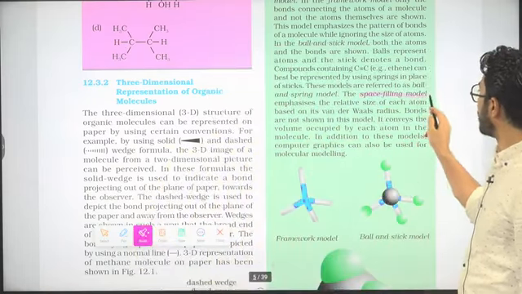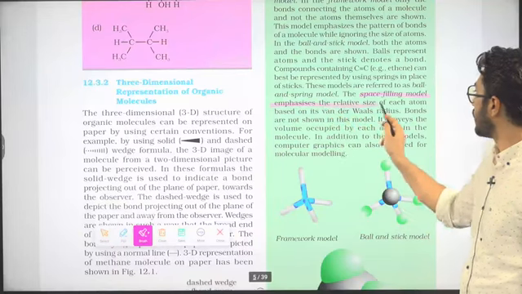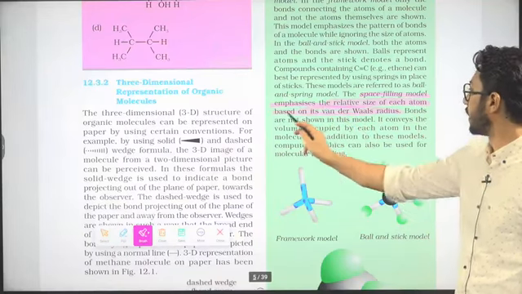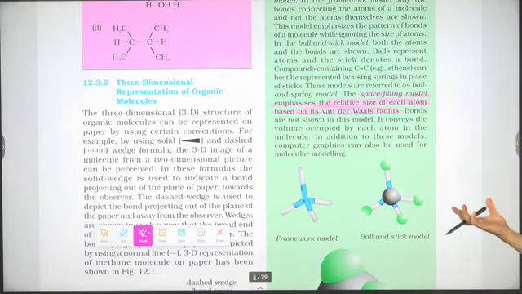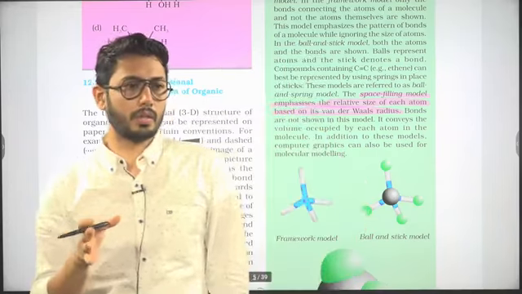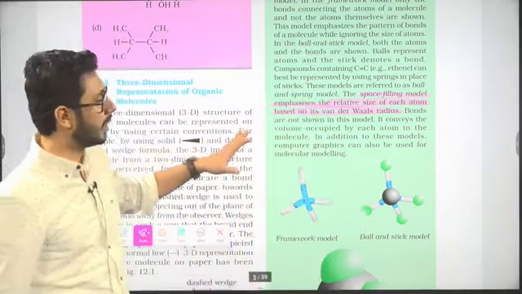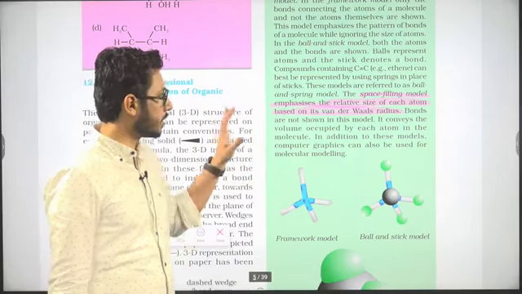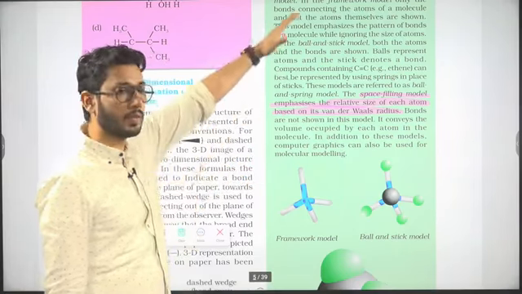The space filling model emphasizes the relative size of each atom based on which factor? Van der Waals radius. So these types of theoretical points may be useful for which thing? Class level basic questions. NEET level chances are less for this. It is given here, so we will still read it.